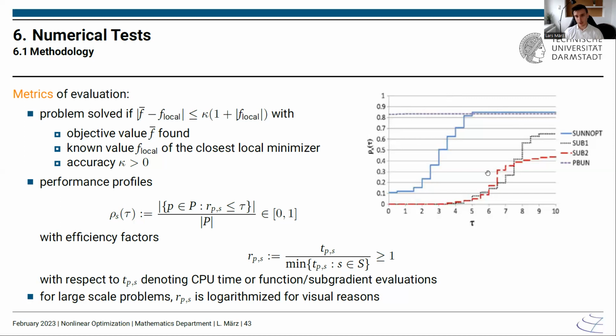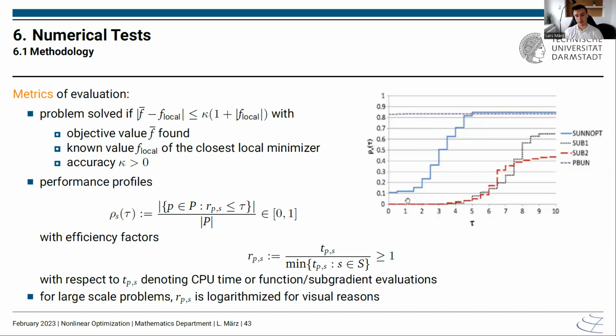So in this picture, you can see that the proximal bundle method is for more than 80% the best algorithm, and the Quasisecant method is only optimal for about 10%, but really doesn't have too much of an overhead.